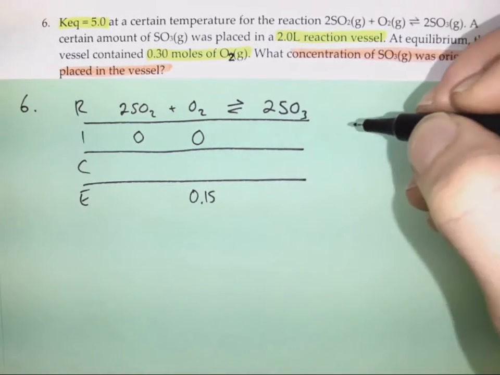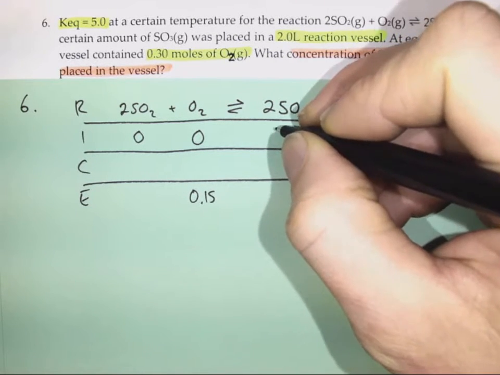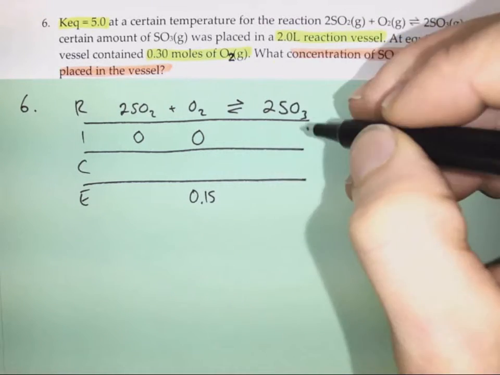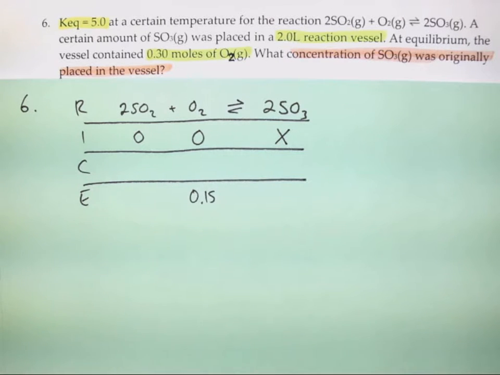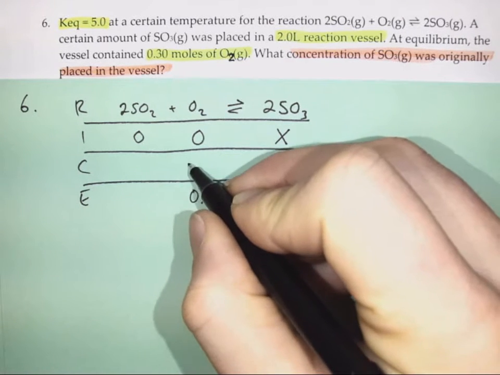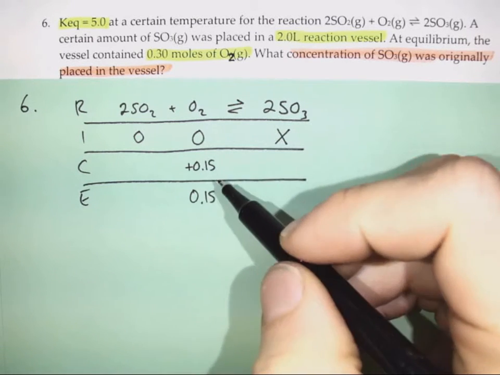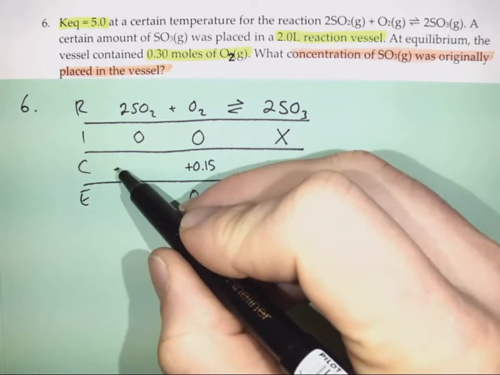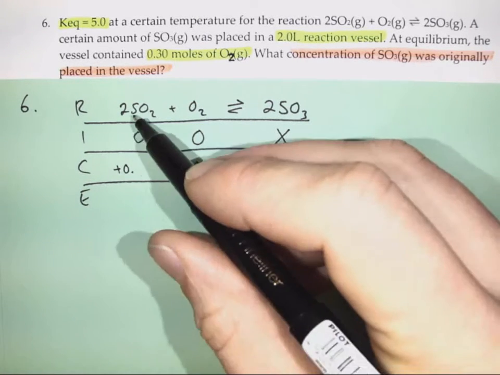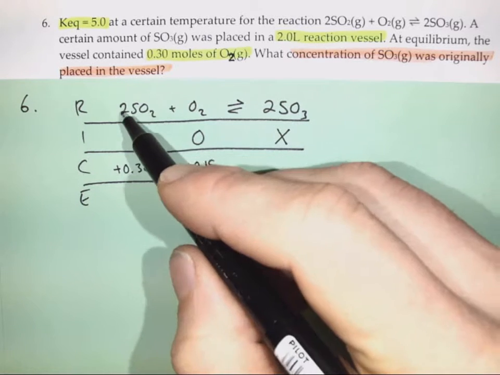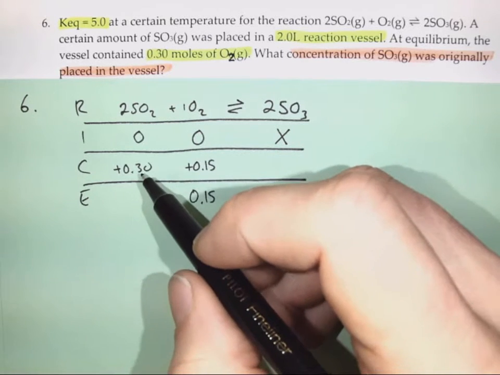Okay, so what's the concentration of sulfur trioxide originally? Okay, so we know some of this sulfur trioxide was added, but we don't know how much. I'm going to choose letter X to represent that unknown value. Furthermore, I know I must have increased by 0.15 moles for every liter of oxygen, which means I must have increased by twice as much, so sulfur dioxide, because the ratio is 2 to 1. For every 1 oxygen, 2 sulfur dioxides are, in this case, produced.